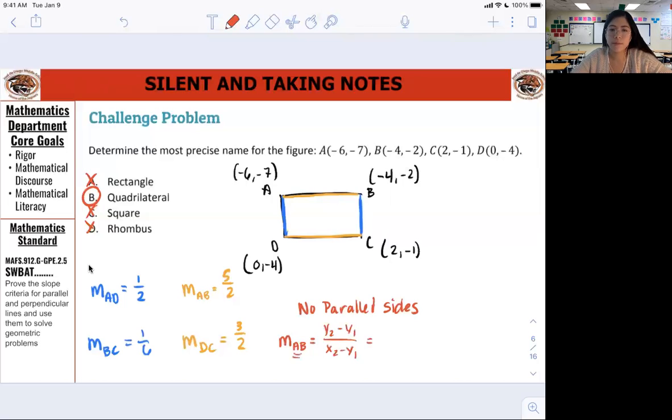We would put -2 for y2 minus -7, over -4 minus -6. Good. So I've got these double negatives, right? Which all turn into plus signs. So this is -2 plus 7 over -4 plus 6.